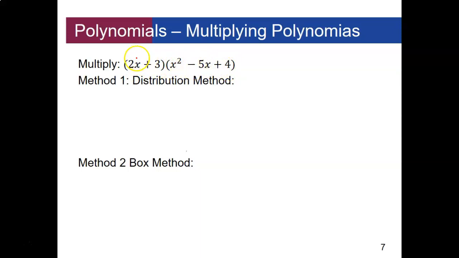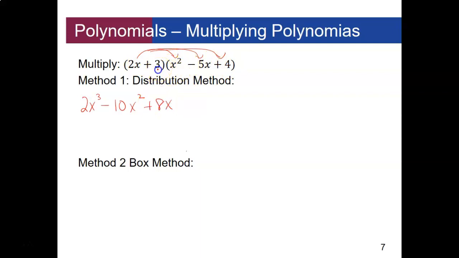So we're going to start and we're going to do 2x times everything. Okay, so 2x times x squared is going to give me 2x to the third because I need to add my exponents. 2x times negative 5x will give me negative 10x squared. 2x times 4 will give me 8x.